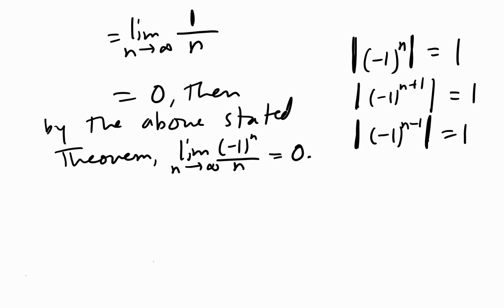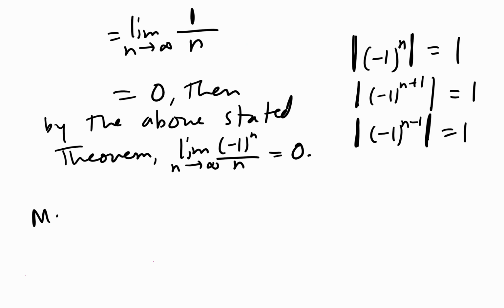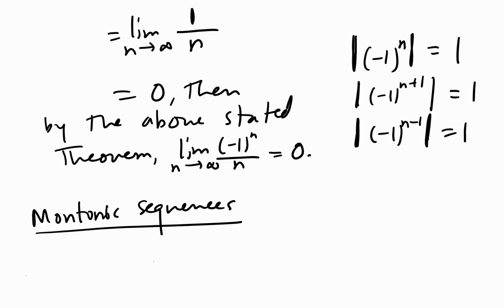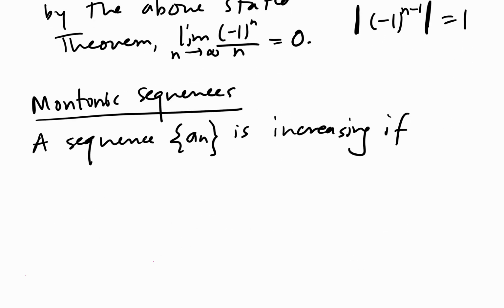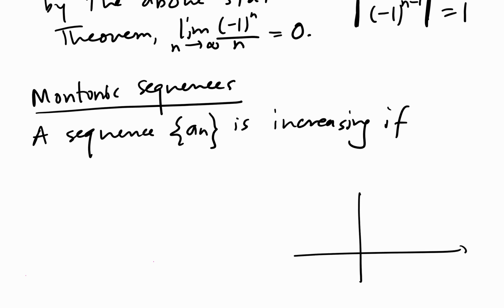Now we move on to what we call monotonic sequences. We say a sequence a_n is increasing if, let me show you, let's say we have the sequence increasing like this.